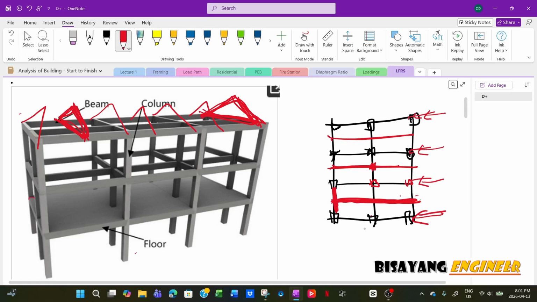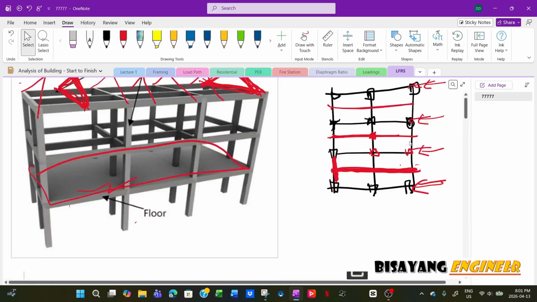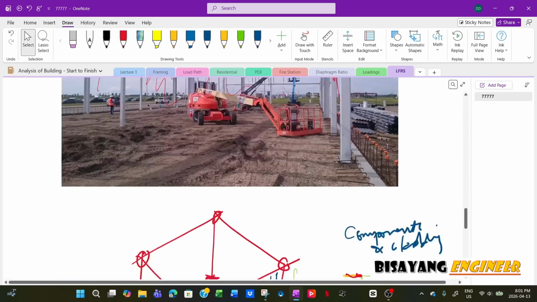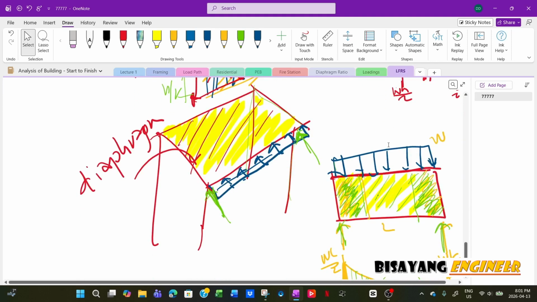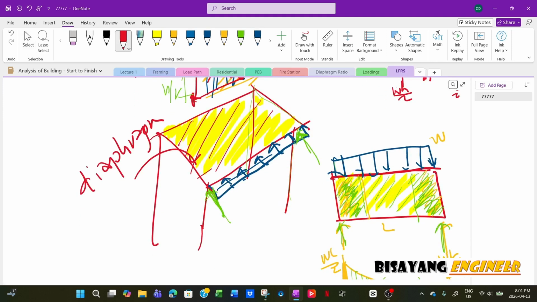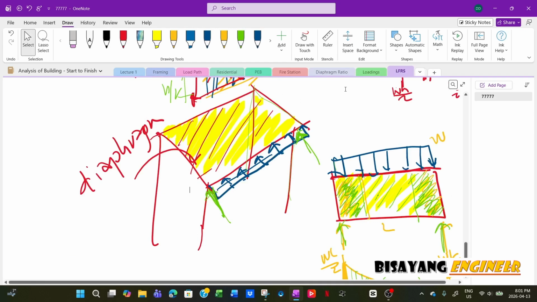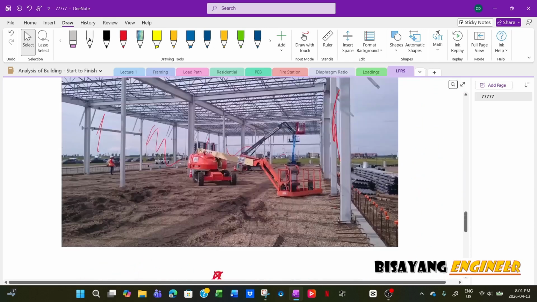Unlike at this floor level, if there's a roof deck, then that's another story, because if we have a roof deck, or like this one, we have a floor, then it will go back to this calculation. This one, you have a diaphragm. So that's why, like I said, load path is crucial.